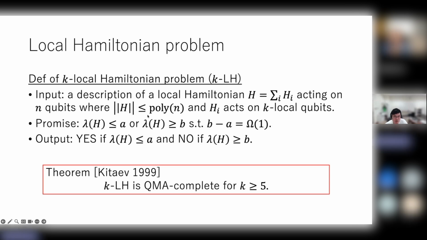Local means each term acts on ideally a constant number of qubits. And importantly, there is a promise gap on the minimum eigenvalue, or ground state energy, of the Hamiltonian. The computational task is to distinguish the two cases. And Kitaev first showed the 5-local Hamiltonian problem is QMA-complete.